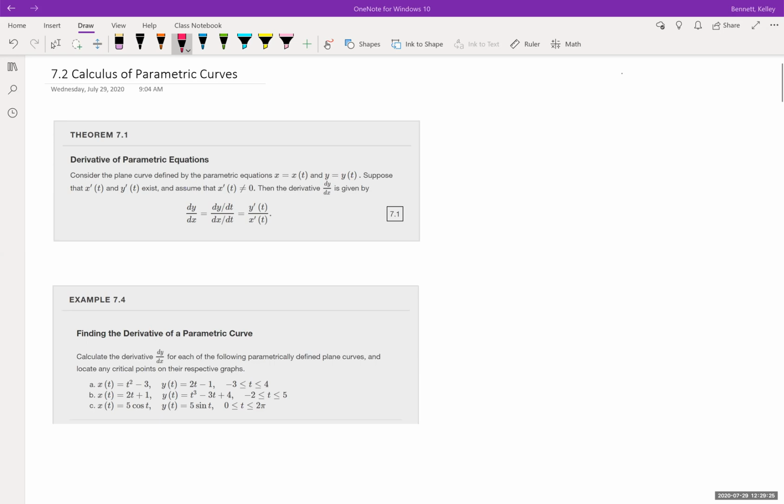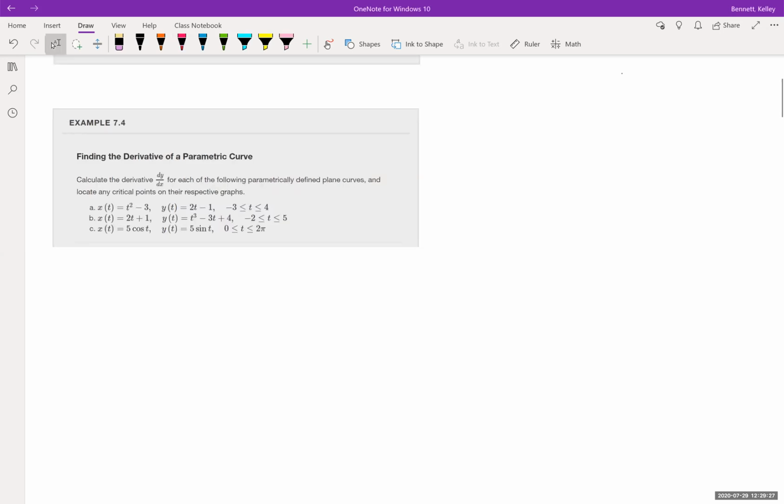Let's do a few examples here. So for A, x prime of t will be 2t.